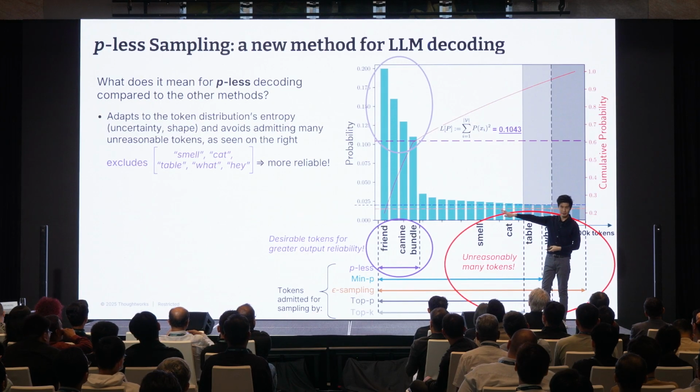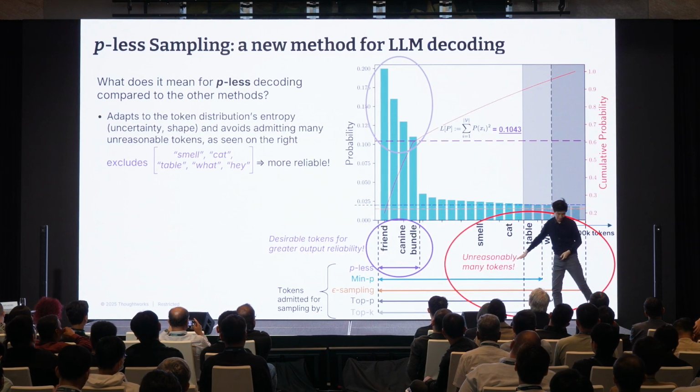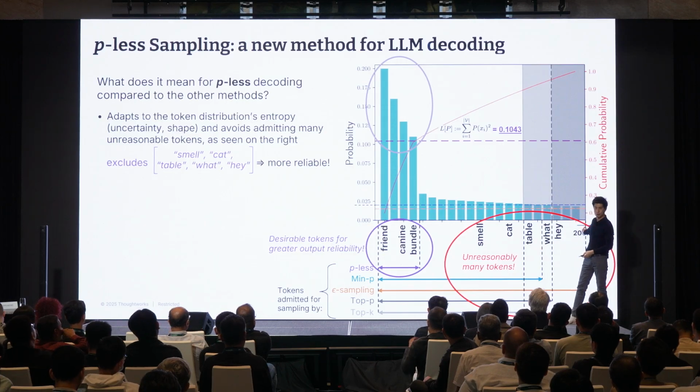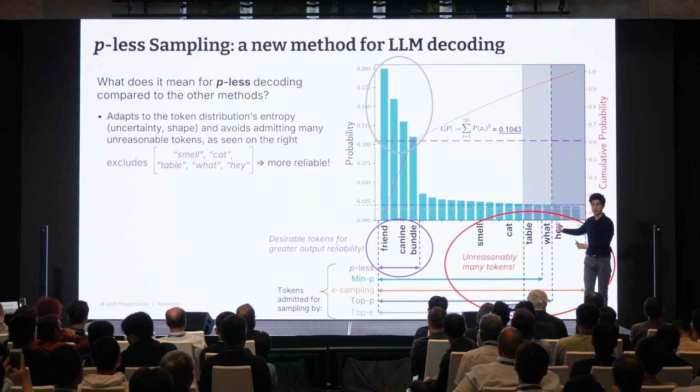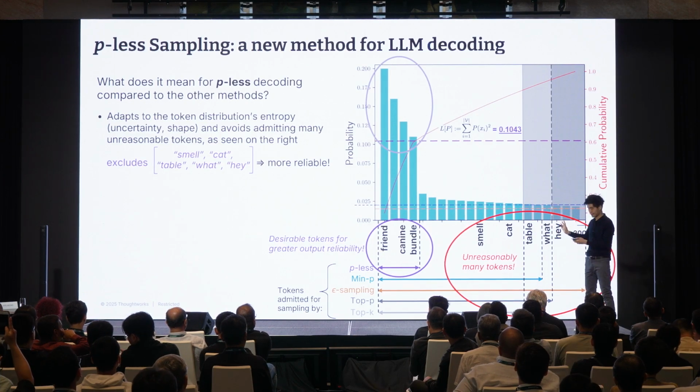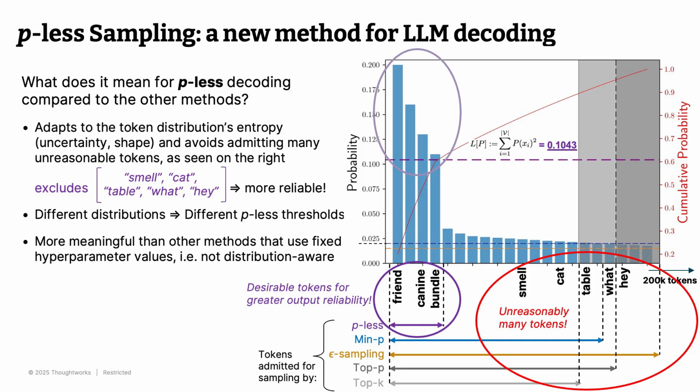And for the other methods, they include tokens all the way to even further than this distribution, right? Up to 200,000. This is just a very short version of what we will actually see. So using this method, different distributions, which is definitely what we will get in every single step of the LLM generation, will lead us to different thresholds.